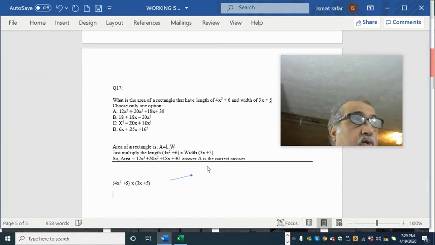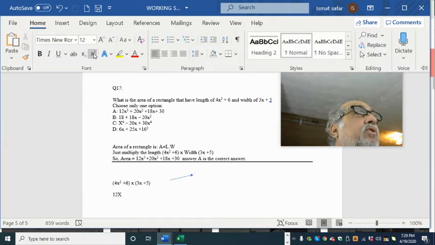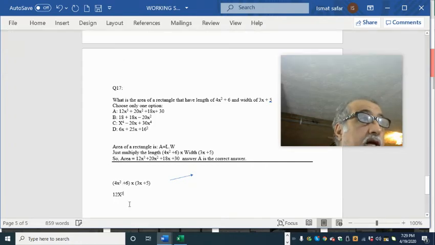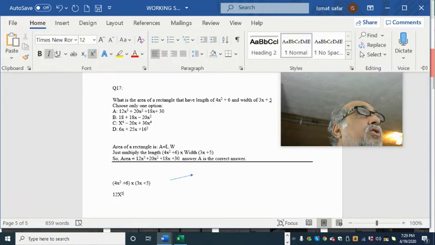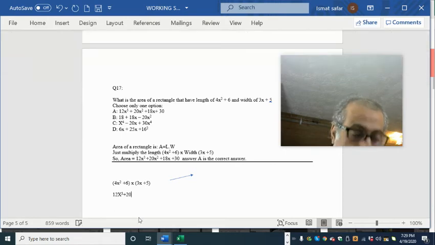So 4x squared times 3x is what? 12x cubed, right? 12x cubed. And then 4x squared times 5 is 20x squared, plus 20x squared.